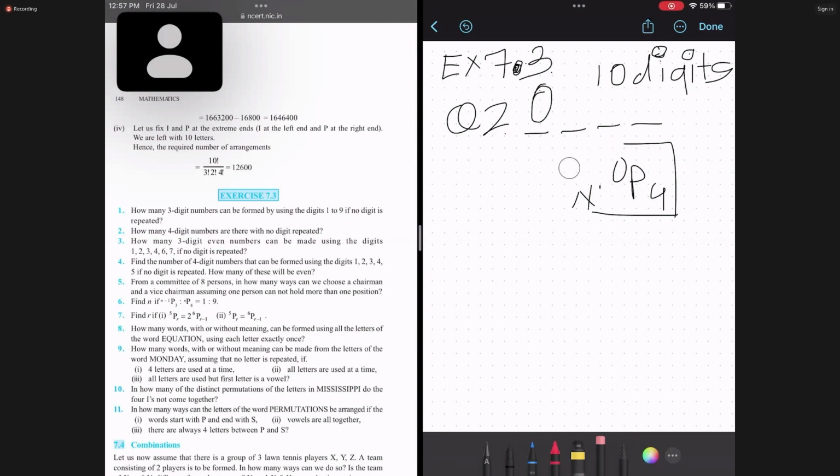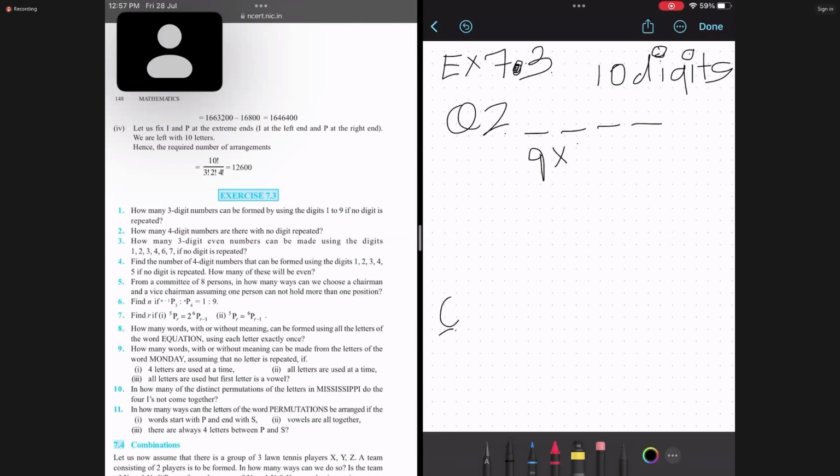Correct? So first you need to take that into consideration, that while filling up the first digit, you don't actually have 10 choices. You only have 9 choices because 0 can't be used, right? But now that you have not used 0 up, subsequently 0 can be used, right?